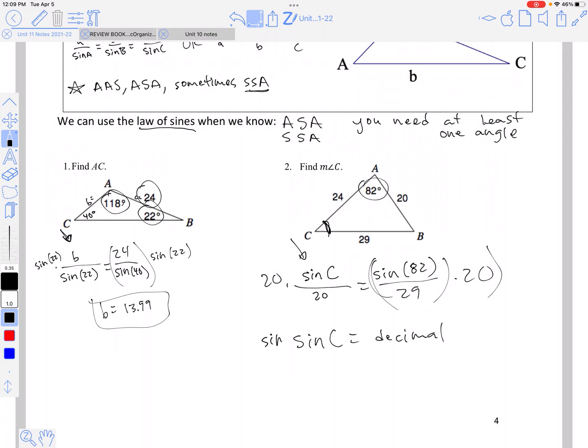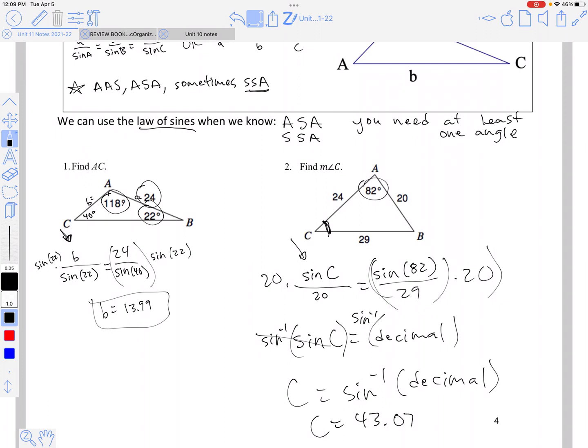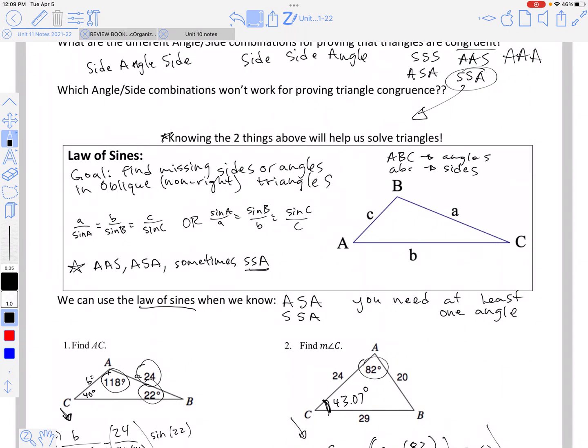So I'm going to take inverse sine of both sides. Remember, we learned this last unit. That cancels off sine, and inverse sine of that decimal gives you 43.07 degrees. Mission accomplished.